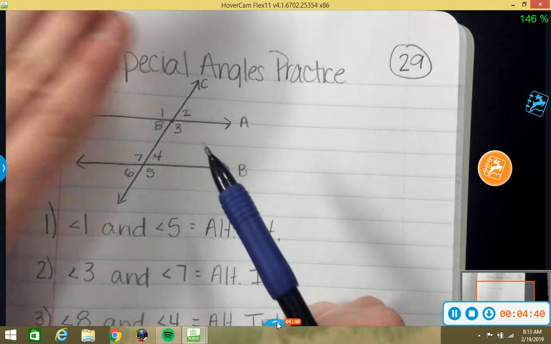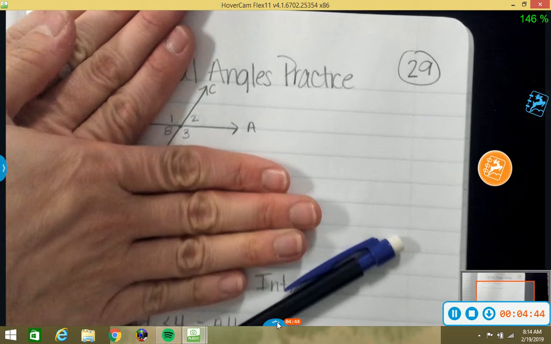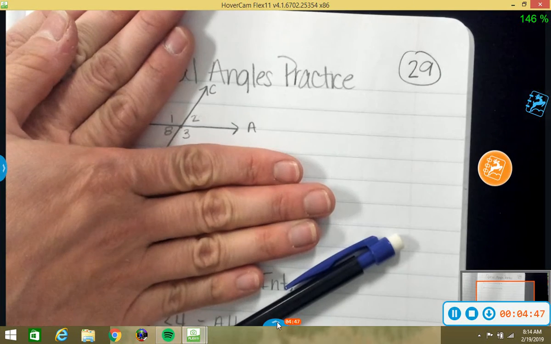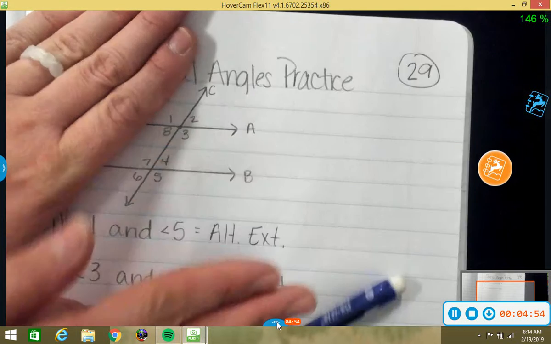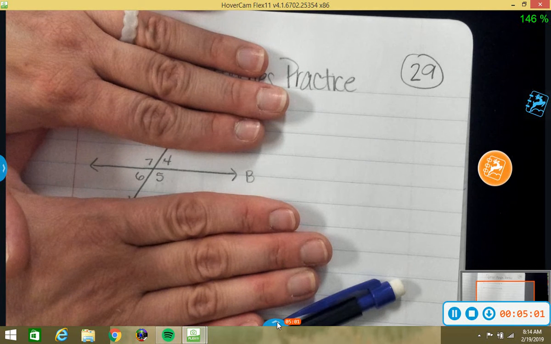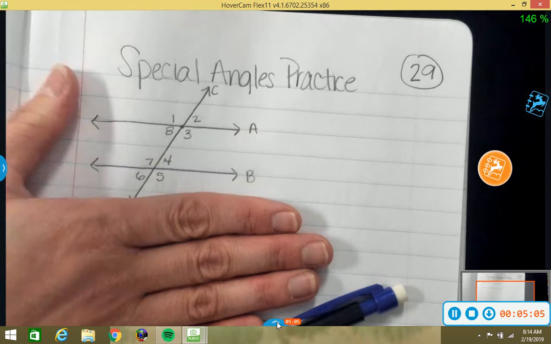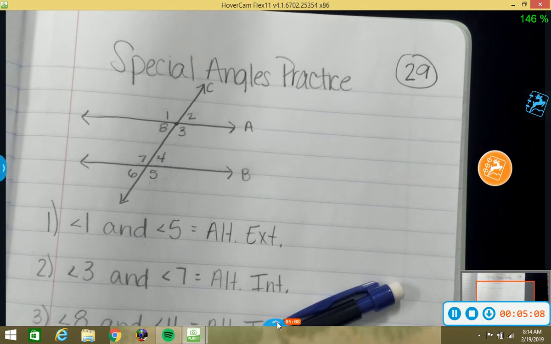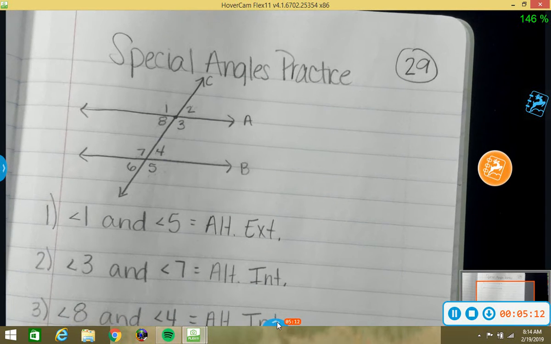No. If I'm looking at angle 2 on this one parallel line, it's on the top, what side? Right side. So down here, angle 4 is on the what? Top right. So if they're both on the same side, same location, what is that one called? Corresponding. Corresponding, good.